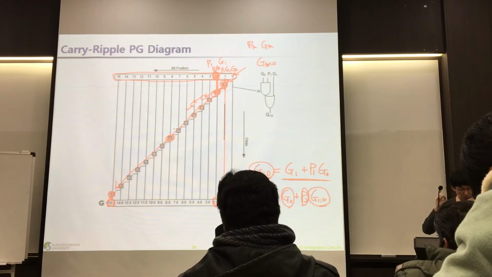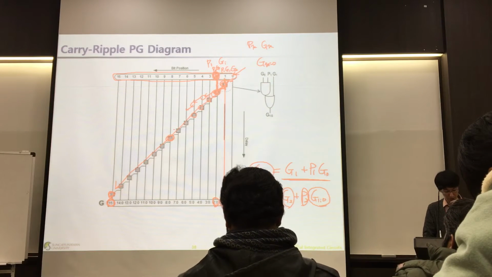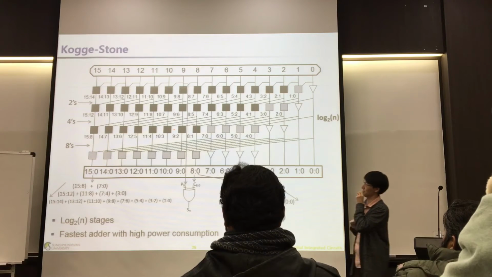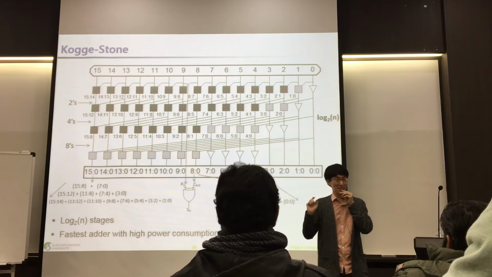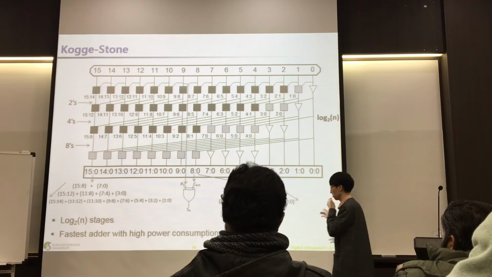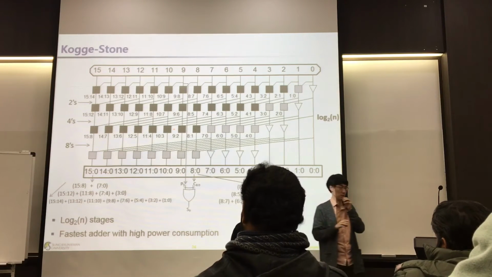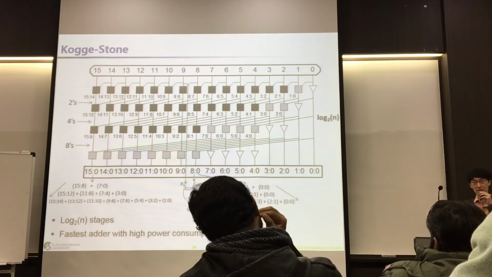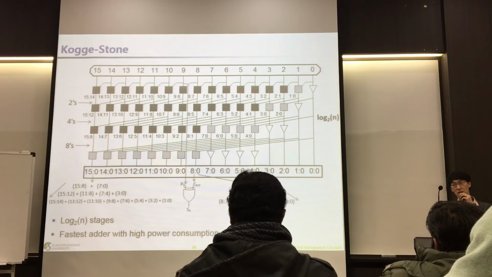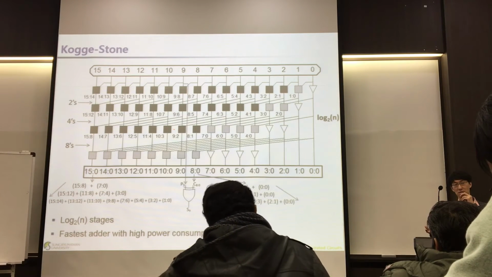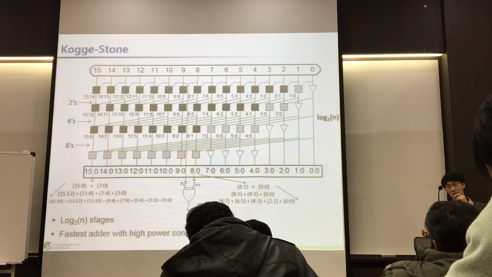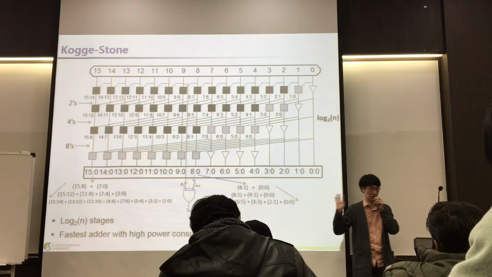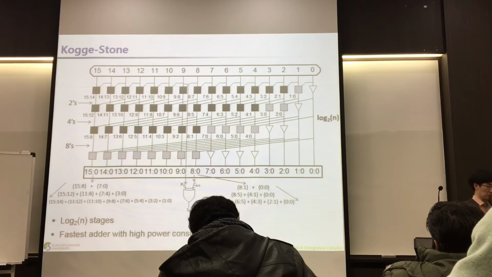Okay, so using this principle, now, don't be afraid, I will explain. This is the Kogge-Stone adder, which is kind of the fastest adder topology so far. I mean, so far, this is the fastest adder you can implement.